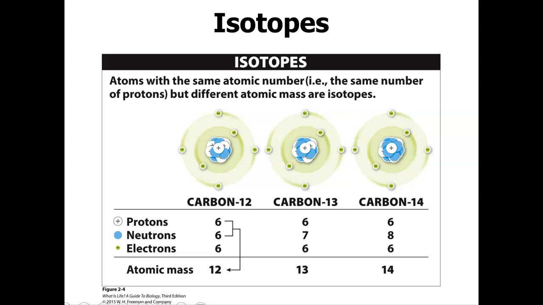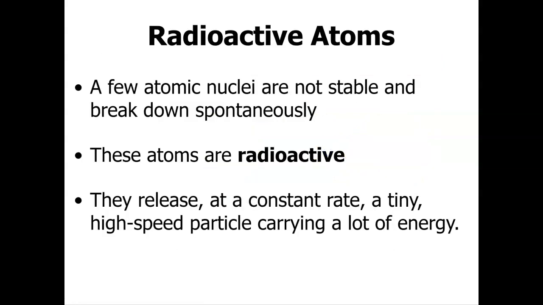If it's found as carbon-13, it's going to have 7 neutrons in the nucleus of the atom. If it's carbon-14, you have 8 neutrons. It's still carbon, but it's going to have a different mass to it. So in this case, that mass is going to be heavier. These are referred to as isotopes of that atom or of the element.